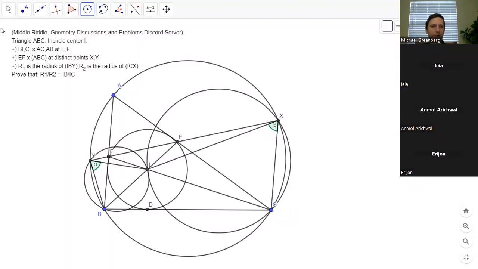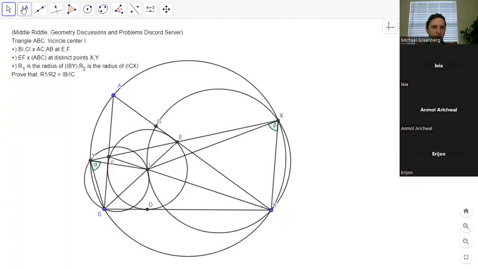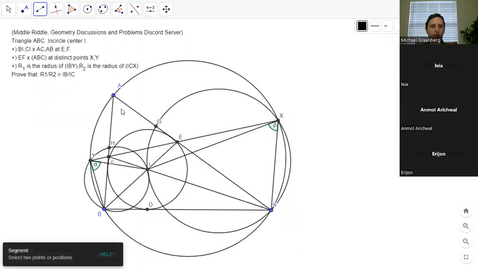So if we label this point and this point right there, basically we want to show that AHIG is a kite. Because if we show AHIG is a kite, then that would mean angle IHB is angle IGC, and from there we'd have alpha equals beta. Since we know AI is an angle bisector. Interesting.